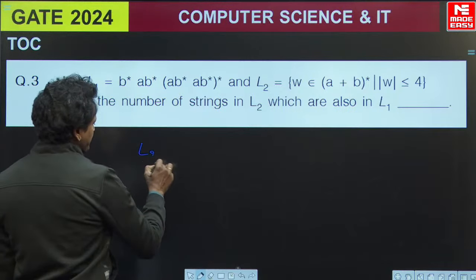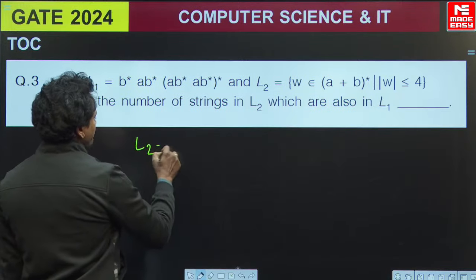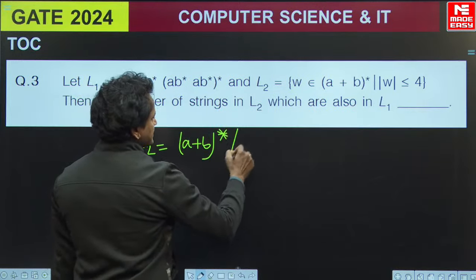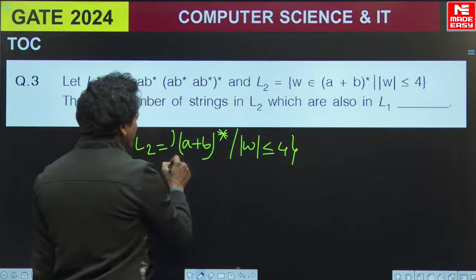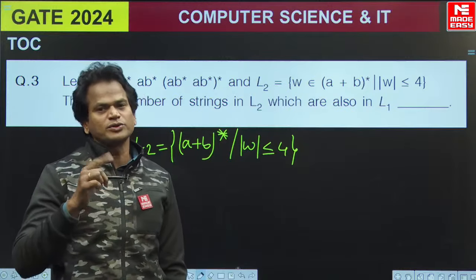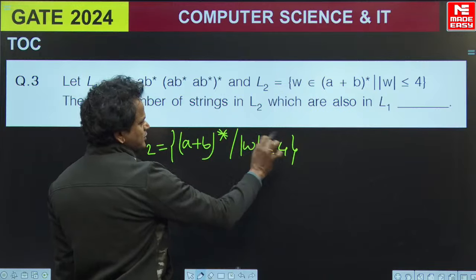L2 will have all the combinations of A and B from length 0 to 4.